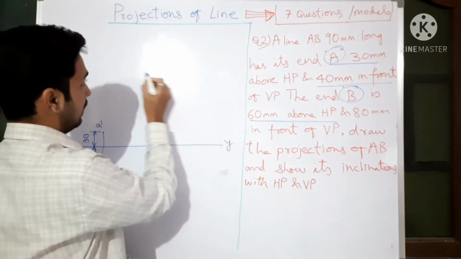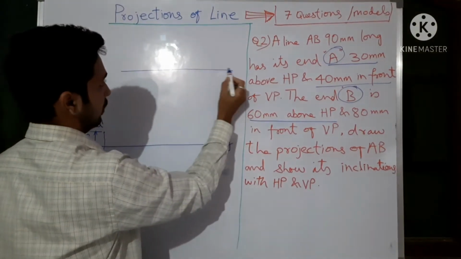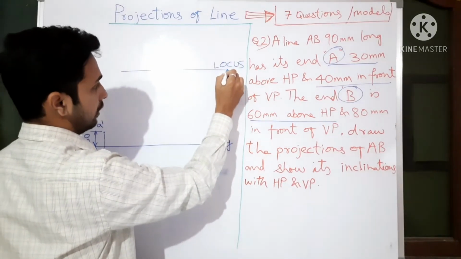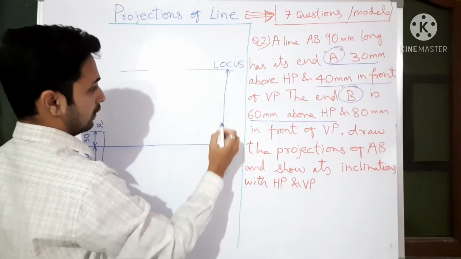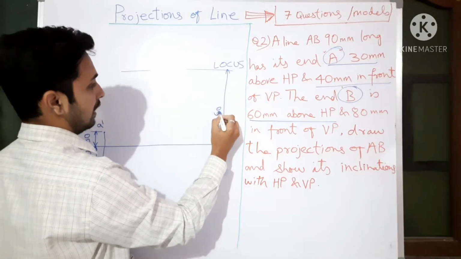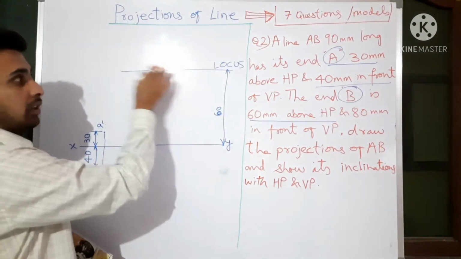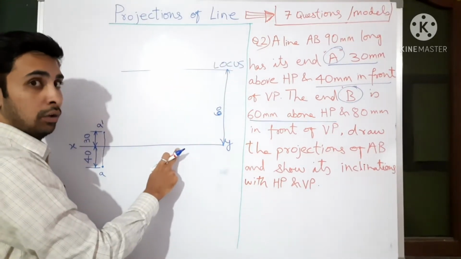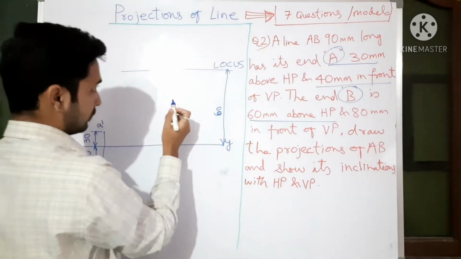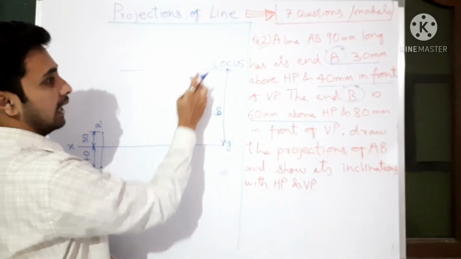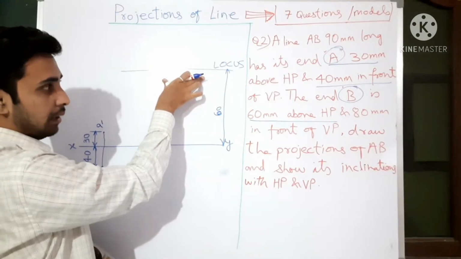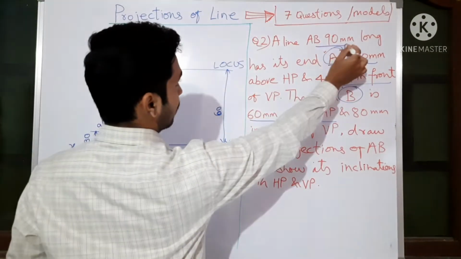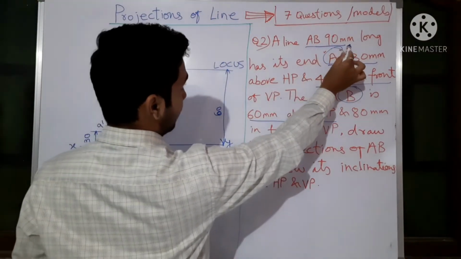So let us take the locus. The locus height is 60 mm, so at a height of 60 mm we draw a horizontal line, parallel to the XY line. Somewhere here B will be lying, above 60. B will be at a distance of 90 because the length of the line AB is 90 mm.